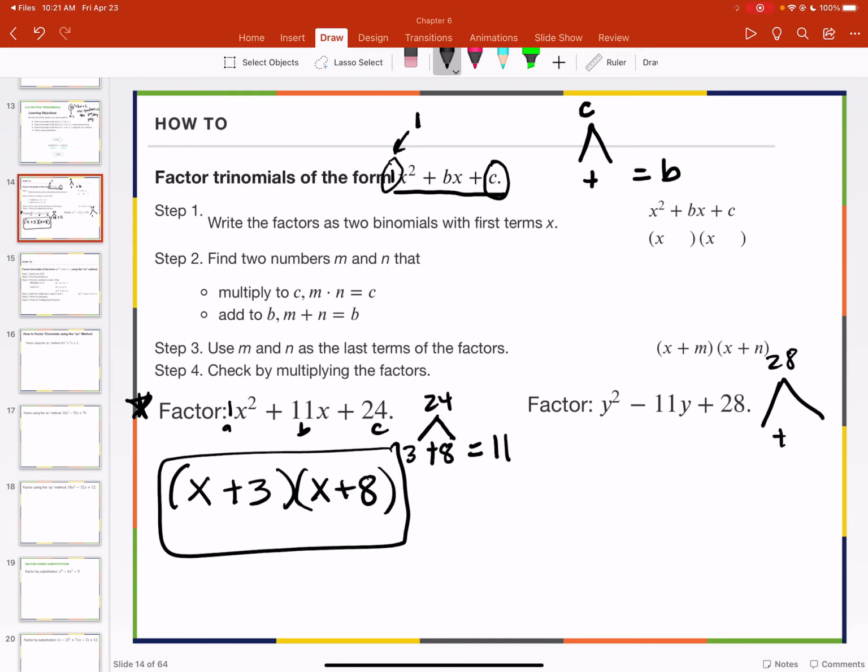So let me do another example. So let's say here we have positive 28. And again, signs matter, so be careful and watch out for them. And don't forget that factors can include negative numbers sometimes. Okay. What are the factors of 28 that when I add them together, I get negative 11?